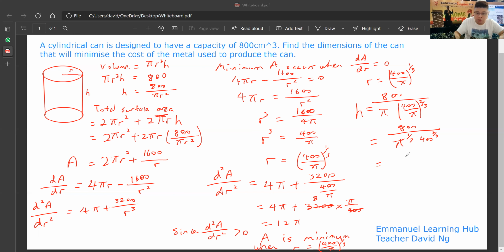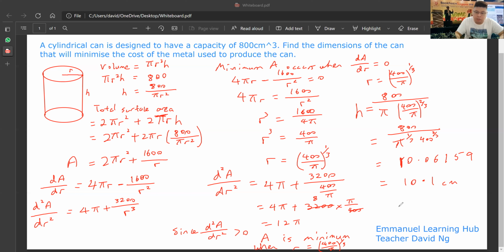Okay, you have 10.06. 10.06159. 10.1. So you have your height, you have your radius.